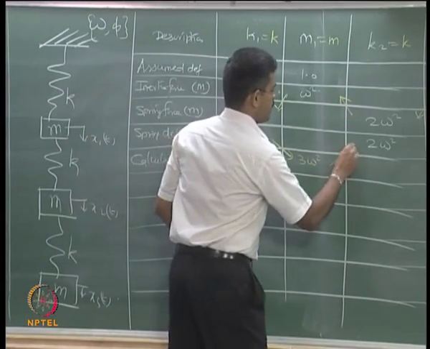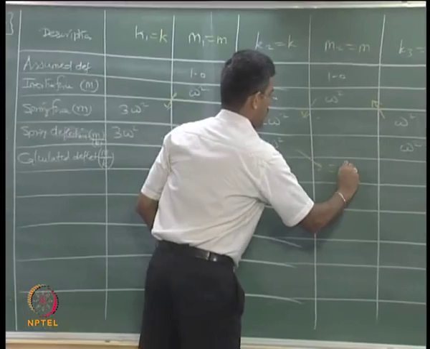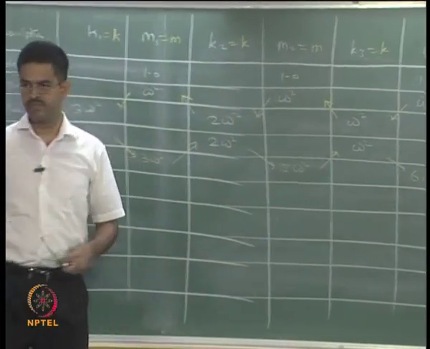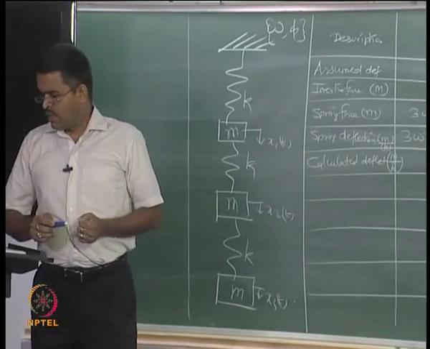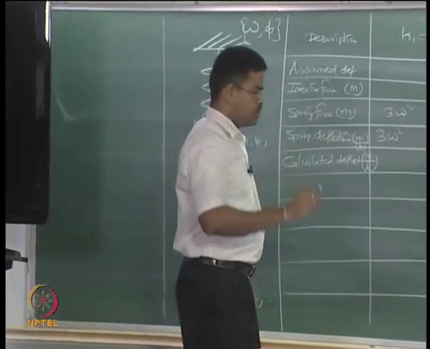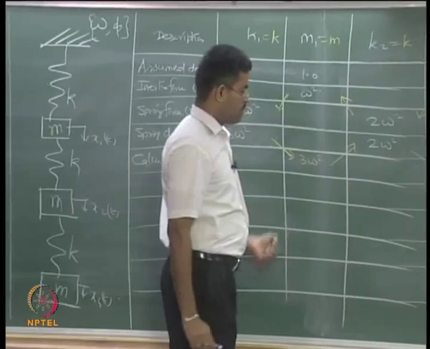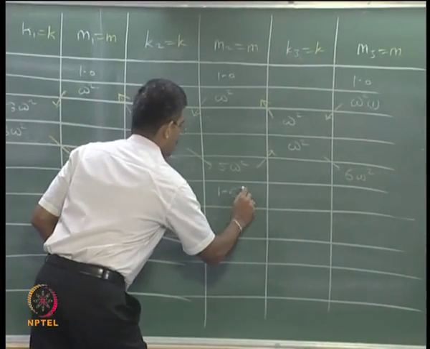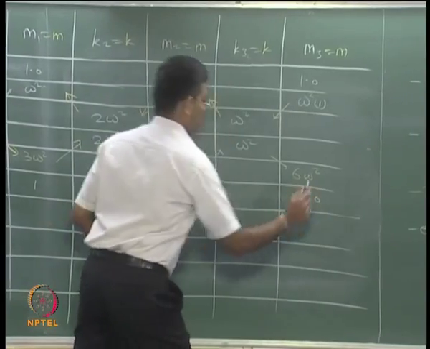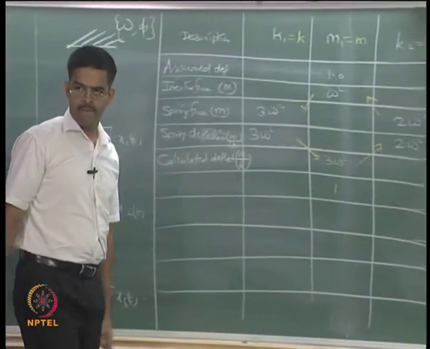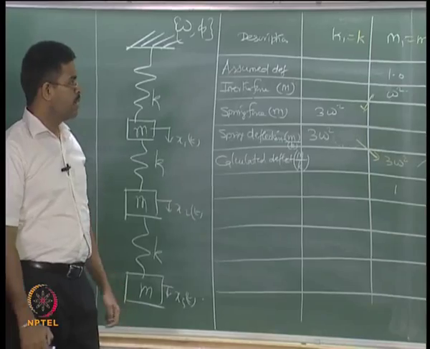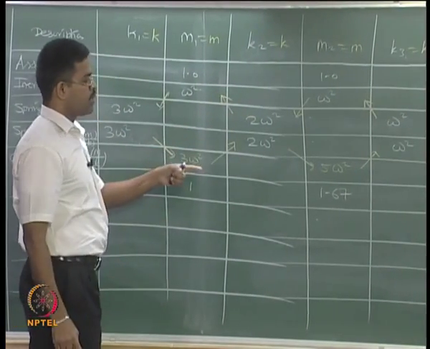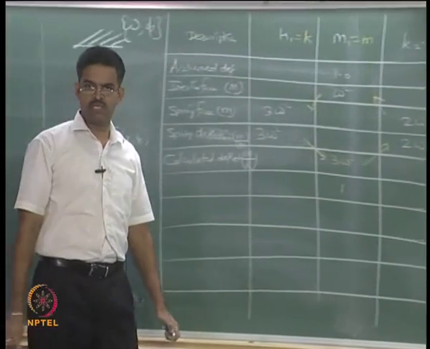Then cumulatively add 5 omega square, cumulatively add 6 omega square. I take a ratio, let us say divide all of them by 3 omega square, this will become 1, this will become 1.67, this will become 2.0. It is a ratio. I started with an approximation of 1 1 1, I got 1, 1.67 and 2, it means I am not converging.